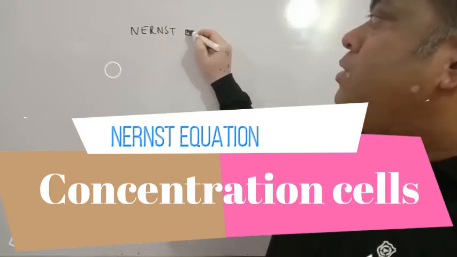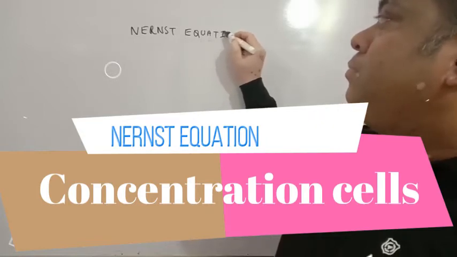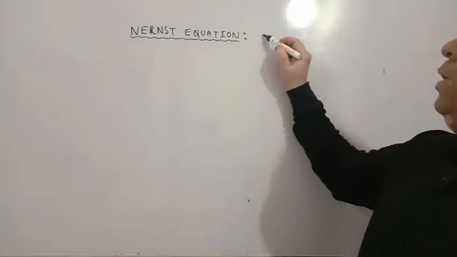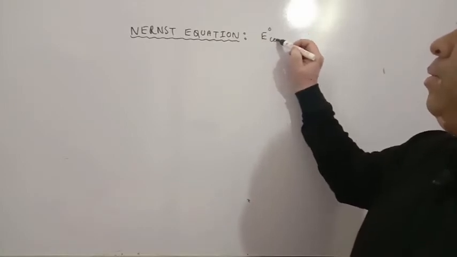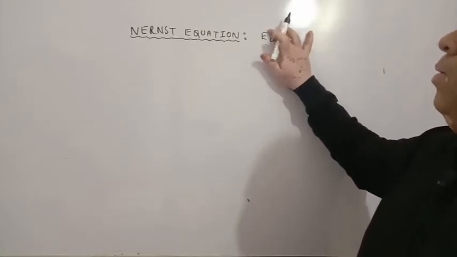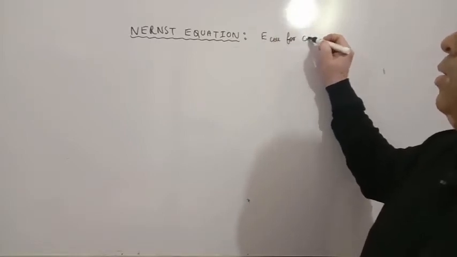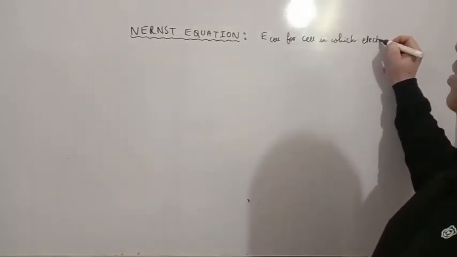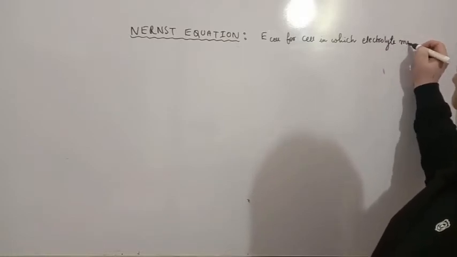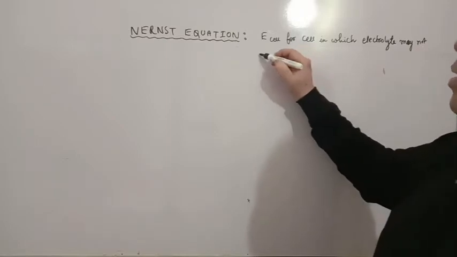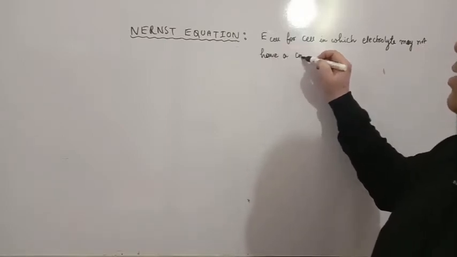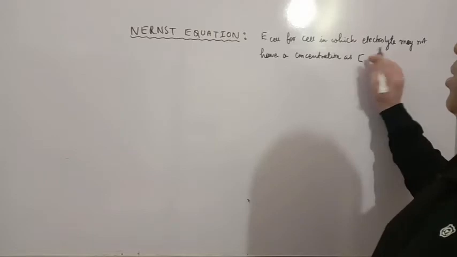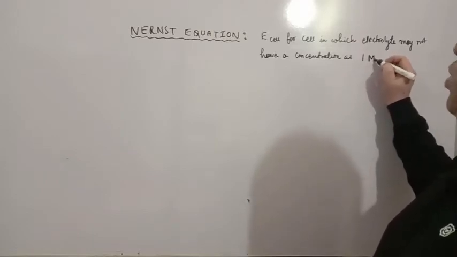Nernst equation. In the Nernst equation we find out E cell for a cell in which the electrolyte may not have a concentration of 1 molar.